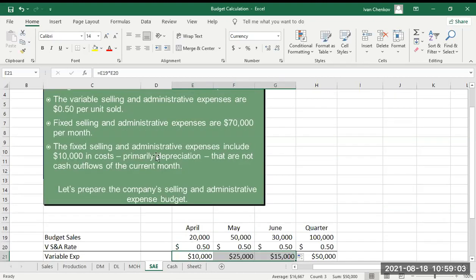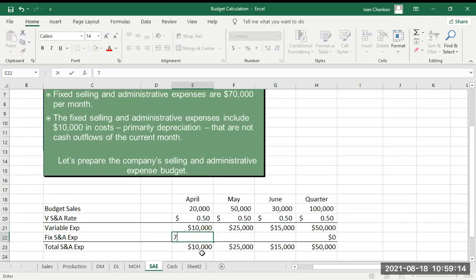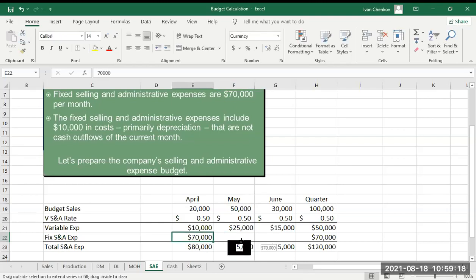Now, the fixed selling and administrative expenses, including 10,000 in cost. I'm sorry, fixed selling expenses are $70,000 per month. So every month we have 70,000. So now our total selling and administrative expenses per month is that much, and for the quarter is that much.